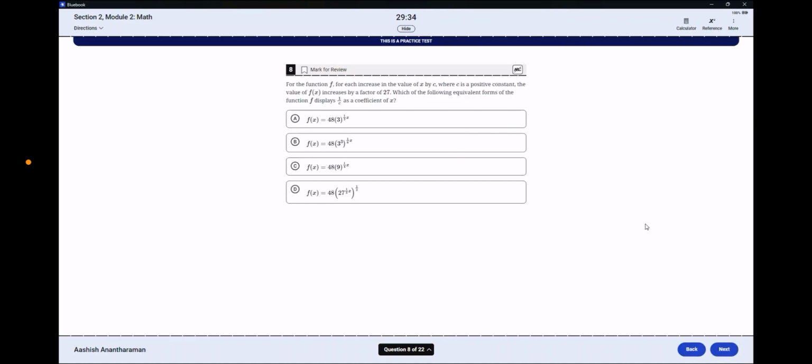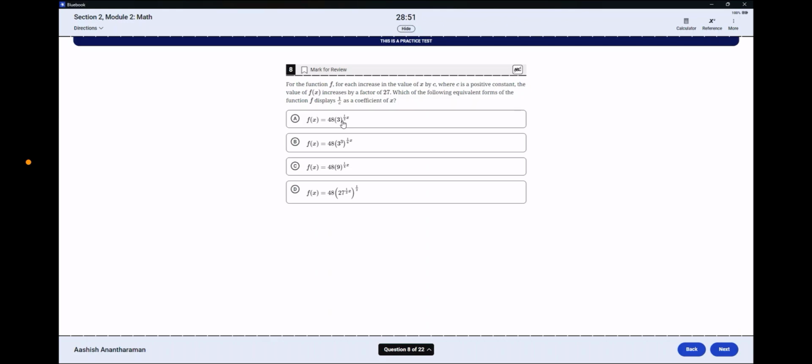Okay. So for each increase in the value of x by c, the value of f of x increases by a factor of 27. We're trying to find what c is, because that's what's going to tell us which option is right.